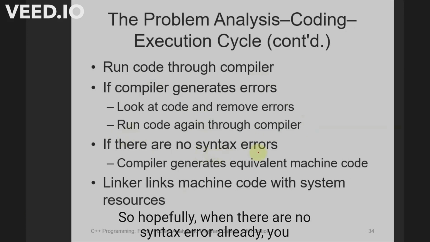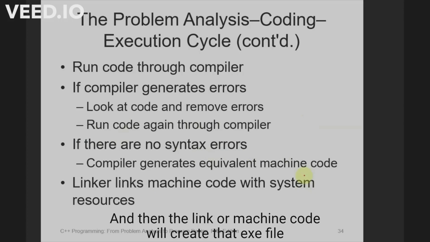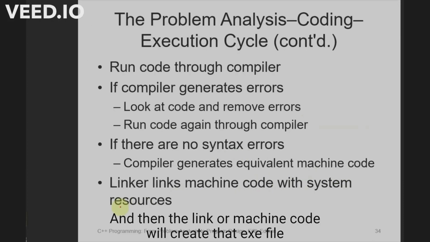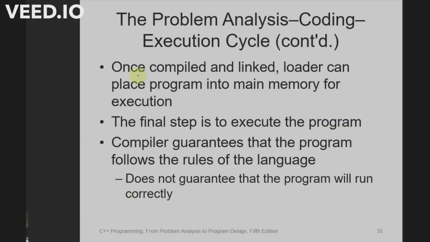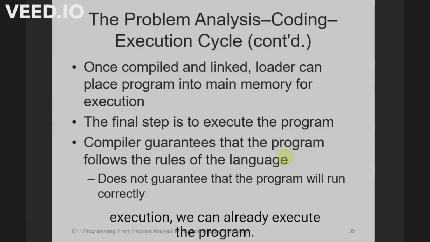Hopefully when there are no syntax errors anymore, you can generate the equivalent machine code, and then the linker will create the .exe file for you. And once we have created the .exe or the memory for execution, we can execute the program.